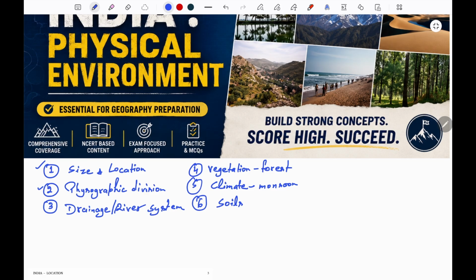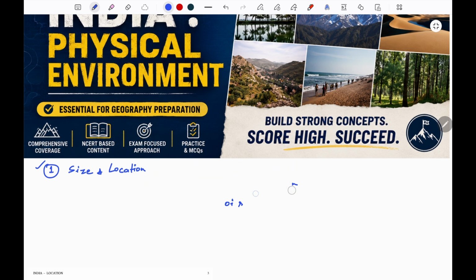and location of India. Now starting with where India is located. It is located in northern hemisphere in Asian continent. And where in Asian continent? It is located in south central part.